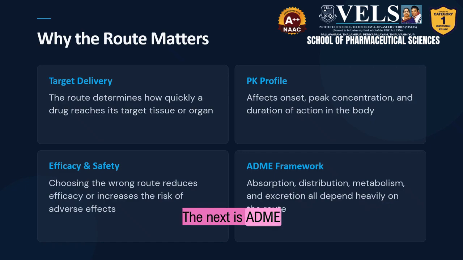The next is the ADME framework. ADME means absorption, distribution, metabolism and excretion. Absorption means the movement of the drug from the administration site into systemic circulation. Distribution means the movement of the drug from blood into tissues and organs.